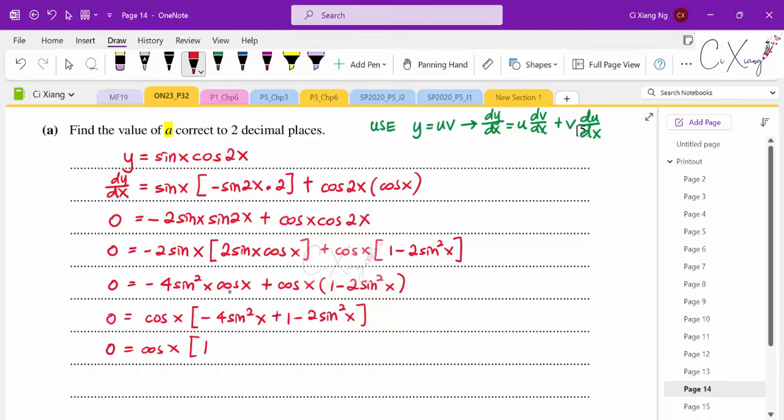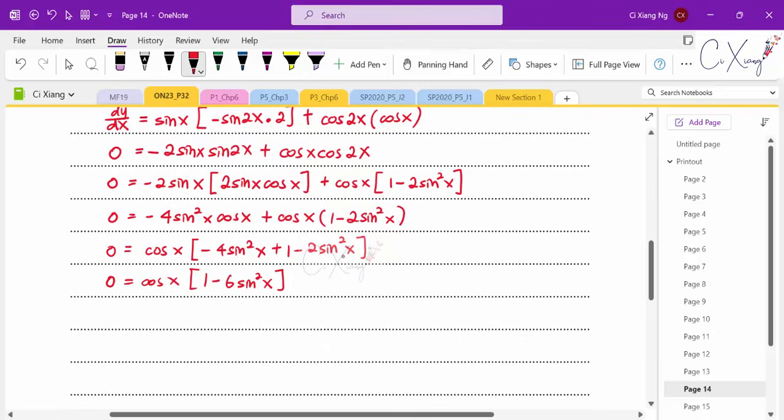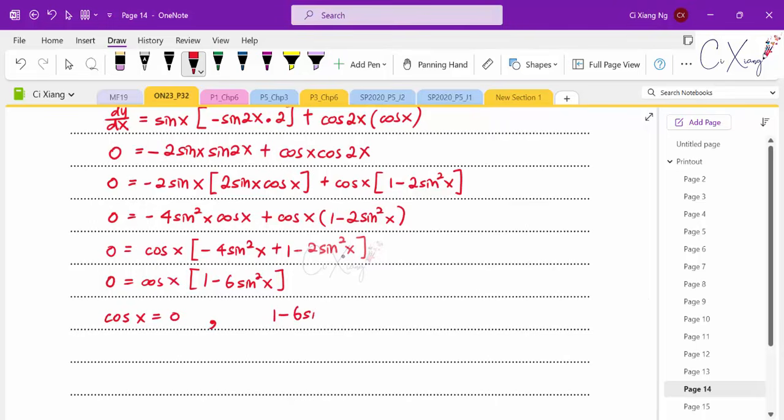Okay, then if I simplify them, I'm having 1 minus 6 sine square x. Okay, so until this step, basically you need to solve two equations here. So you're having cos x equals to 0. And after that, you also want to solve 1 minus 6 sine square x equals to 0.